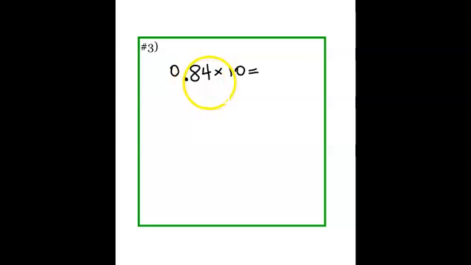Yeah, 84 out of 100 is a lot, but they're still teeny tiny little pieces. Let's multiply it by 10 so we can get something bigger. Where do you think the decimal goes to? Give it a shot. If you said this, you're correct. So the decimal moves 1 place to the right, 8 and 4 tenths.